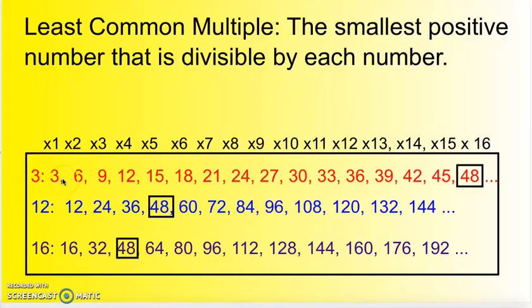Okay, do you notice that there is no other multiple that 3, 12, and 16 share? There's nothing before 48. 48 is the first number they share. Okay, and that's why it's called least common multiple, because least means we need the smallest number. Why do you think we need to find the smallest number and not the greatest number?